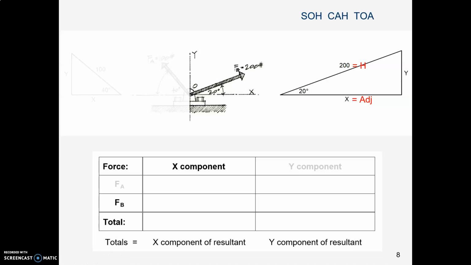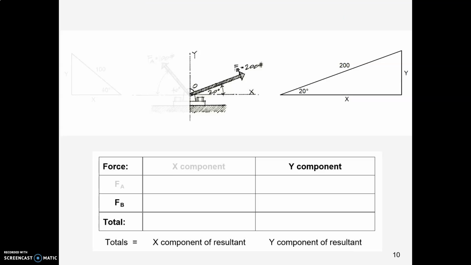SOHCAHTOA. Who has adjacent and hypotenuse? It's the cosine formula. Cosine equals adjacent over hypotenuse. Rearranging the terms, hypotenuse times cosine is, in this case, 200 cos 20. That will give us the x component, and we could fill that in on our chart.